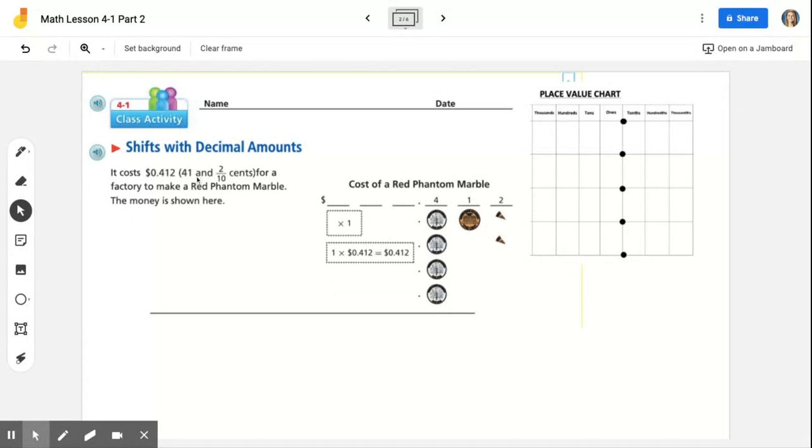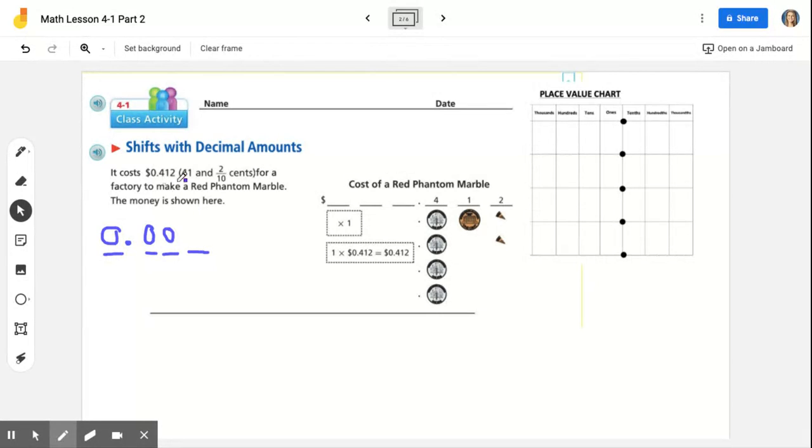Okay, so that's a really strange amount. In our currency, we typically work with money where the digits only go to the right of the decimal, just 2 place values. So in money terms, we only have digits in the tenths or the hundredths. Never do we see a sign in a store that has a digit or amount in the thousandths place.